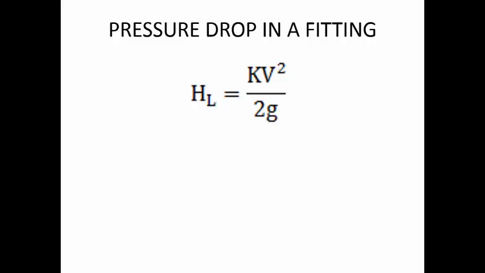In a hydraulic system, you have different valve elements, connecting elements and different kinds of couplings. If you want to determine the total loss of head that can happen because of the various elements present, you should know this.